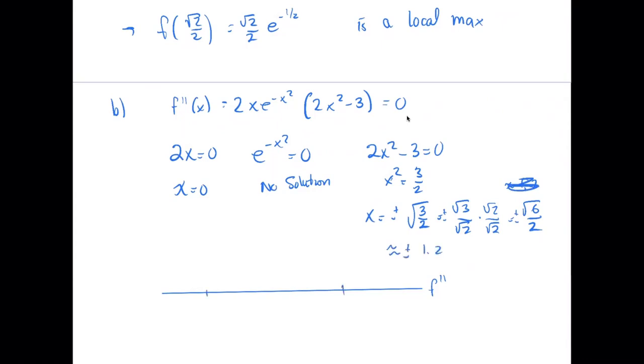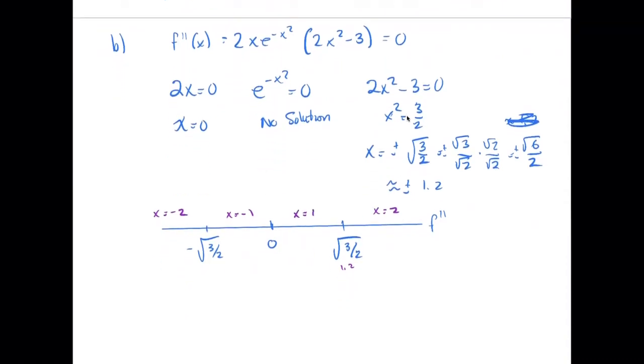So 3 critical points, there's 0, there's negative radical 3 over 2 and positive radical 3 over 2. And so a good number to pick here would be x equals 1 because this is about 1.2. So here x equals negative 1. Here maybe x equals 2 and here x equals negative 2.